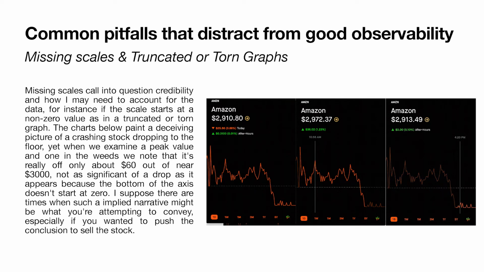Until we, in the middle image, hover over a spot on it, we see that the price there is still close to its high, and that if we go down to the bottom, it's really only changed by $60. But if I look at this, it looks like it hit the floor. So be cautious when you're doing that. Now, I suppose there are some reasons why you might want to do that, and that's because maybe you want people to do more stock trading that day.